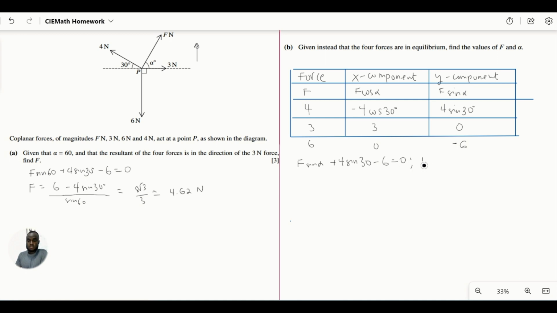We can rewrite this as, and then, from these two equations, we can divide equation 1 by 2 to have just one variable and one equation. Non-linear, but we can find the value of alpha from dividing equation 1 by 2.